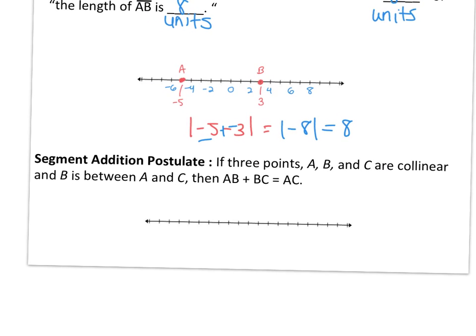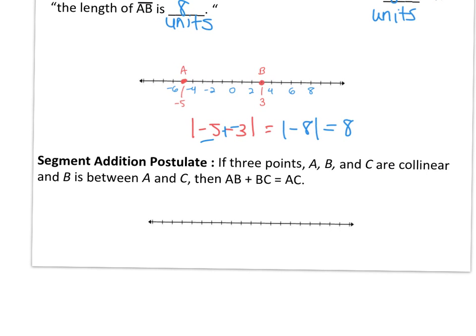The segment addition postulate, just to see it more on a number line. If you have 3 points, A, B, and C, all of which are collinear, and they're collinear because they're on my number line, which is a line. B is between A and C, then AB plus BC will always equal the whole thing, AC.